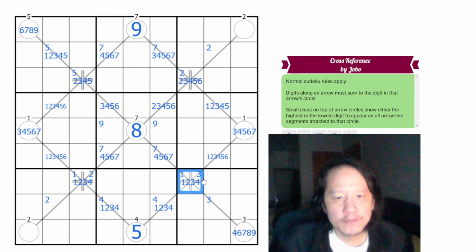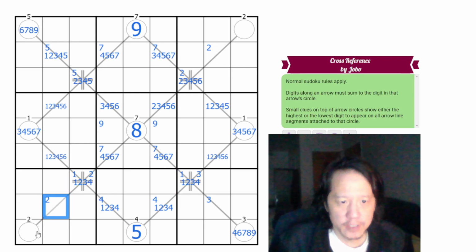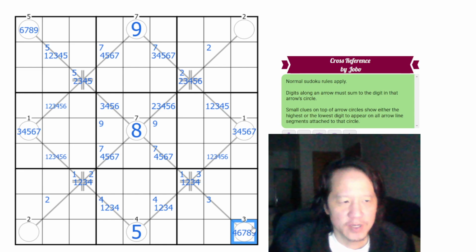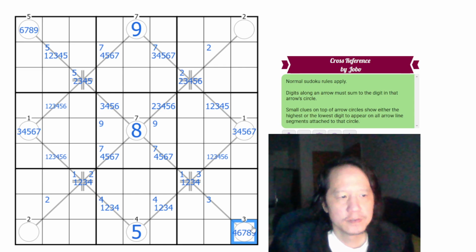So since one of these is 1, either this is 1, 2, and this would be 3, or this is 1, 3, and that would be 4. That doesn't really tell us much, but we do have that information. The other one obviously cannot be a 1. So one of these is 3 or 4. This could be 3 and this could be 4, but we don't know.